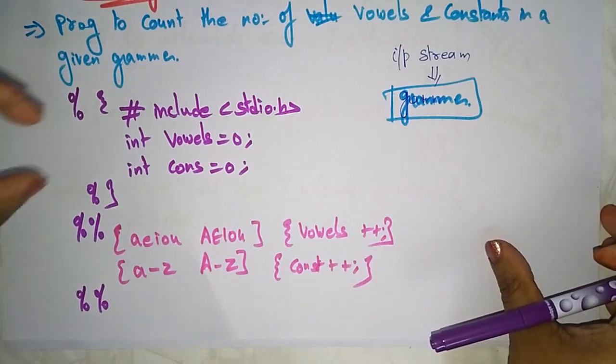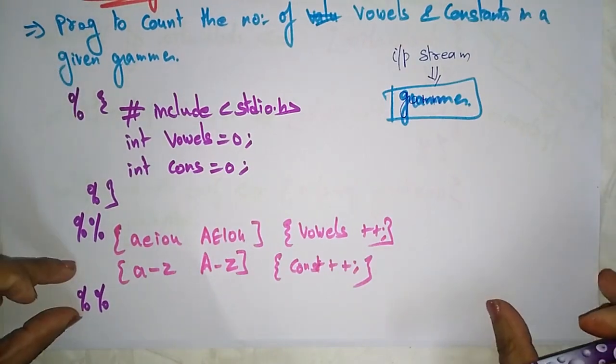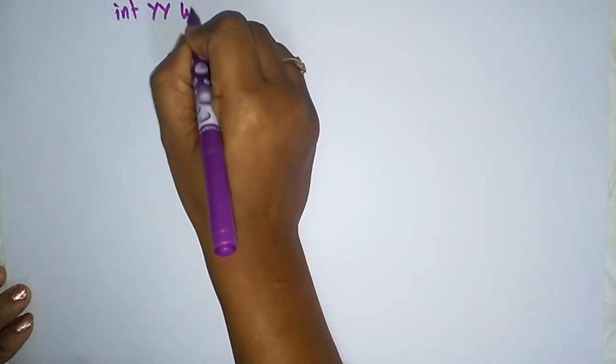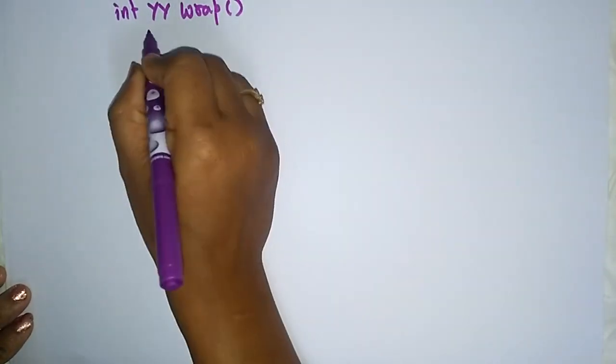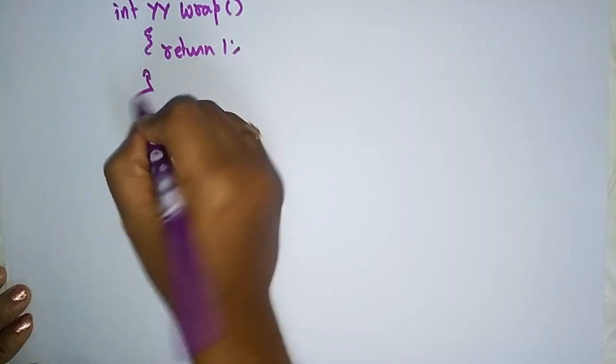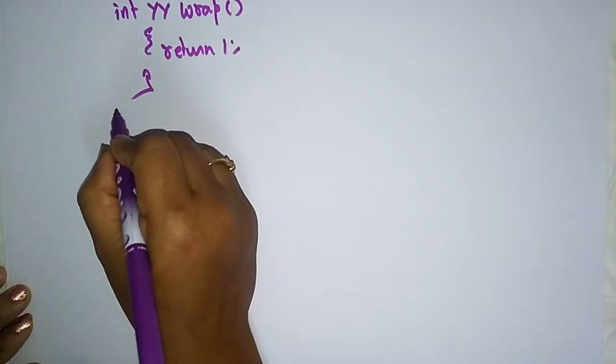This is the declaration part and this is the translation part, and the next is the auxiliary functions. If you have any auxiliary functions, you can write them. Here I am writing int yywrap() { return 1; }. Now I am writing the main program.